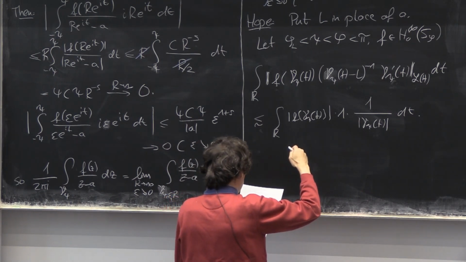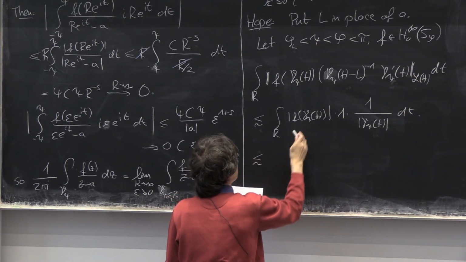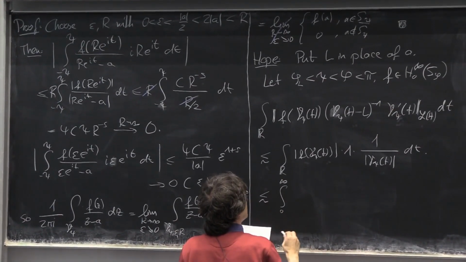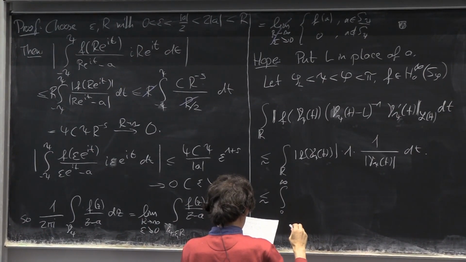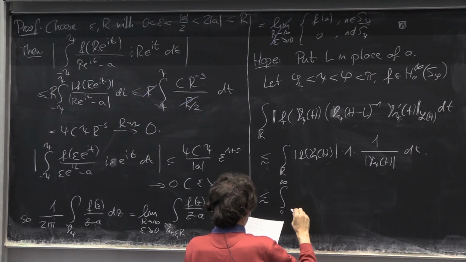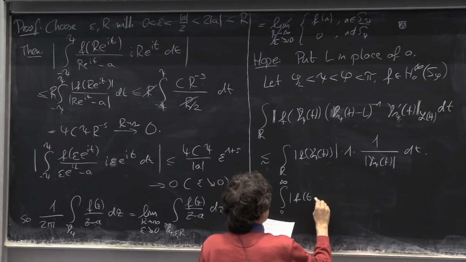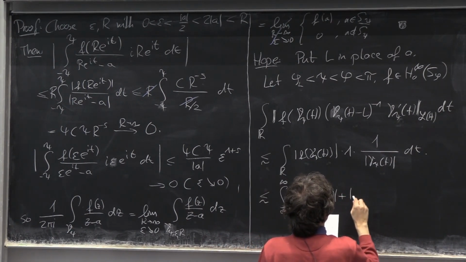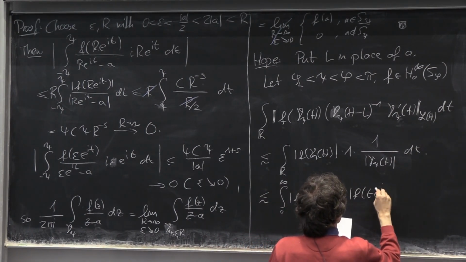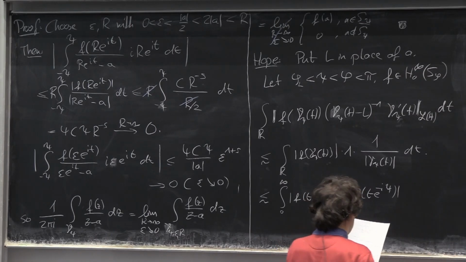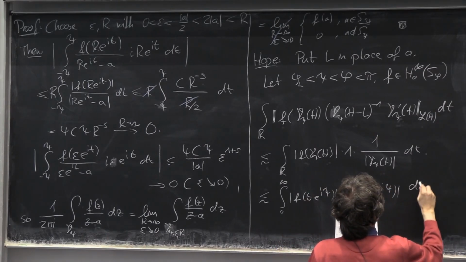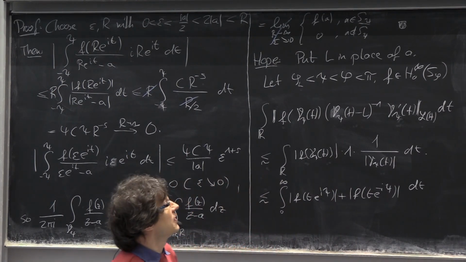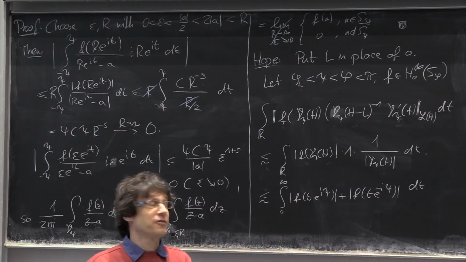Okay, so we have these two parts of the path. Let's take these apart. This gives on the one hand f of t e to the i psi plus f of t e to the minus i psi. And what is the modulus of gamma psi of t? Gamma psi is just t times some phase, so this is t.